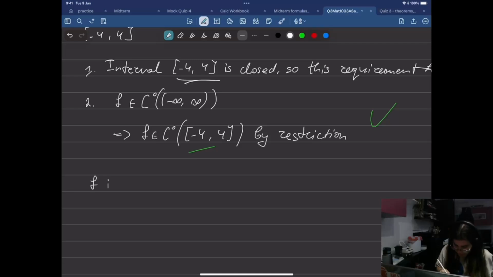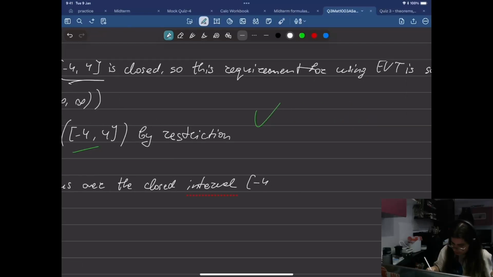So you can write down the following. F is continuous over the closed interval minus 4 to 4.